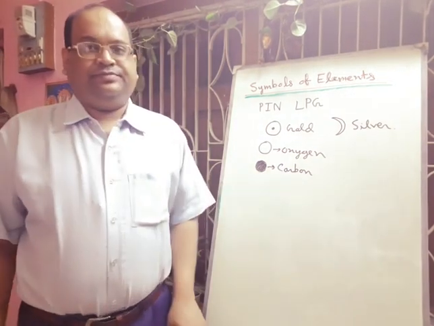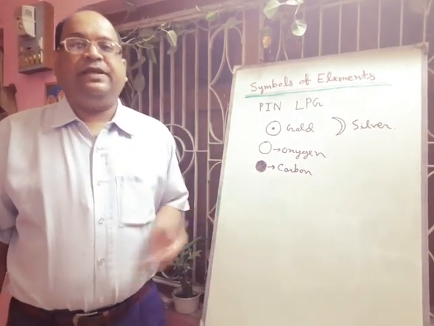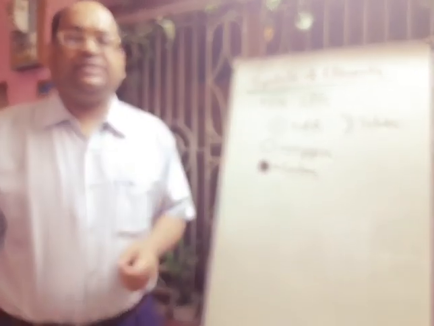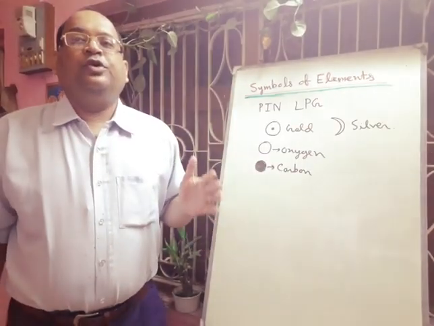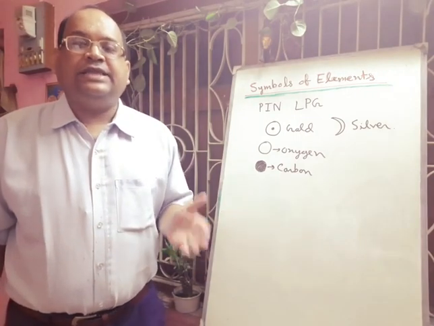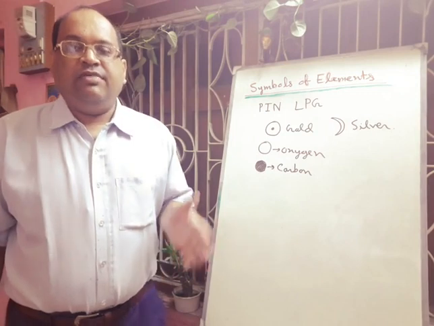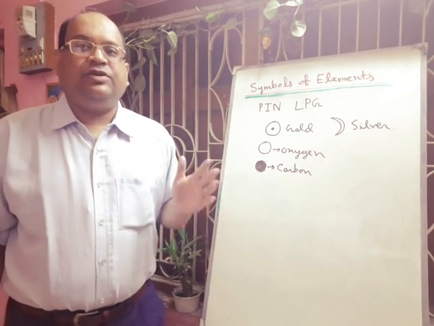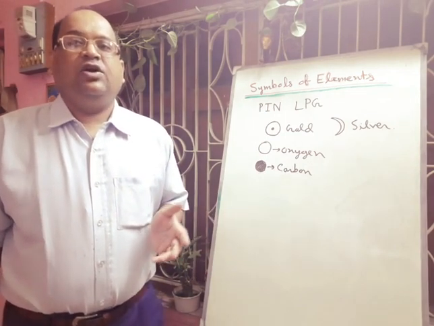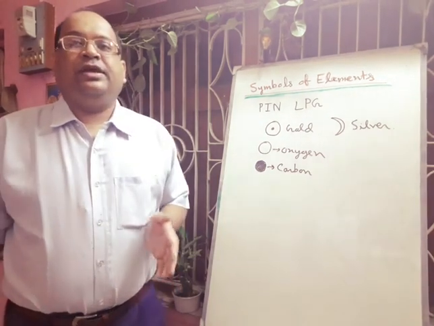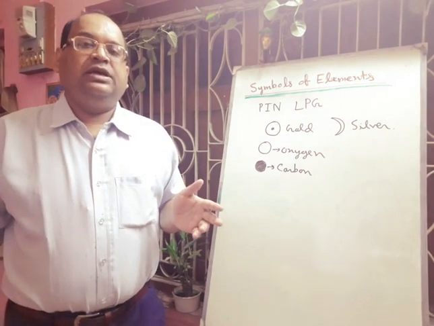But later, in the year 1815, John Jacob Berzelius, a Swedish chemist, used letters as symbols for elements for the first time. In most cases, he suggested using the first letter of the name of the element as its symbol.